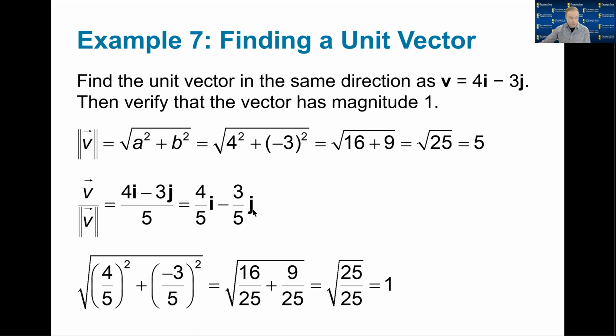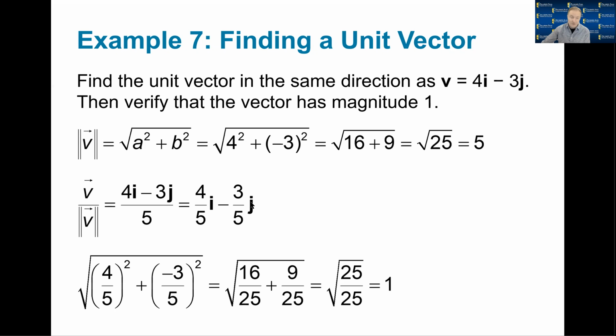Now, just to prove that, yes, this is the unit vector going in the exact same direction, I could say, well, all right, let's find the magnitude of this vector. It'd be the square root of 4/5 squared plus negative 3/5 squared. You would get 16 over 25 plus 9 over 25, which obviously is 25 over 25. And then the square root of 1 would give us a 1.